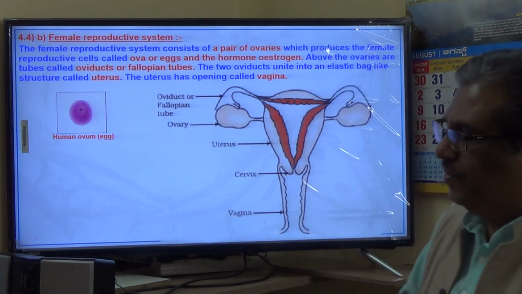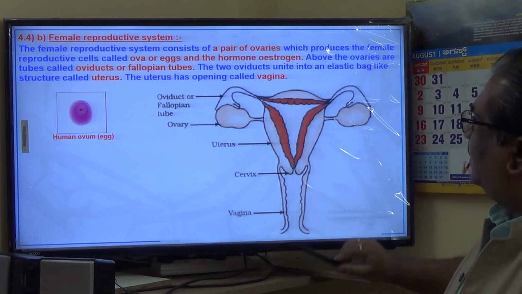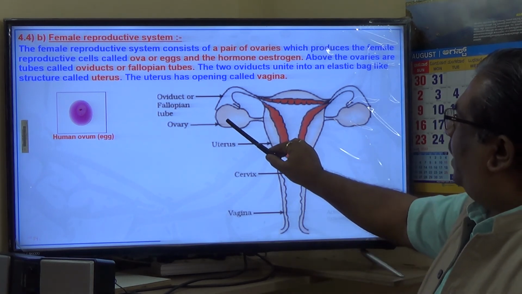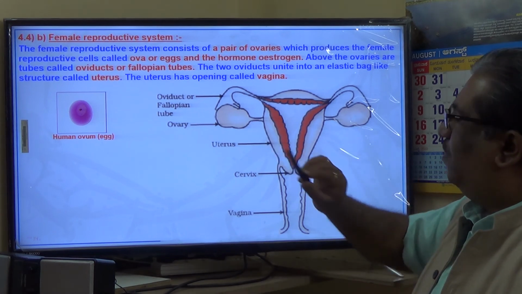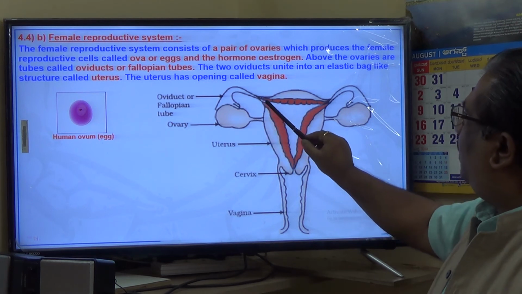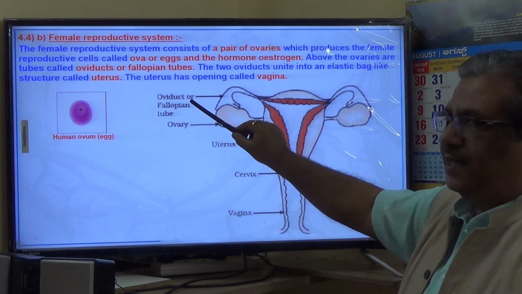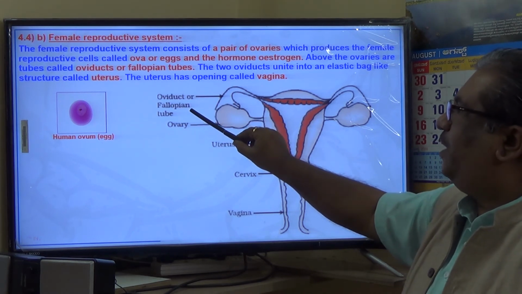Next, female reproductive system. Let us have a look at the parts here. Pair of ovaries which produces eggs. Here on the top you can see this one and this one here. These are called oviduct or fallopian tubes.